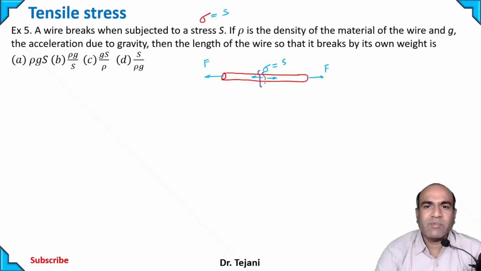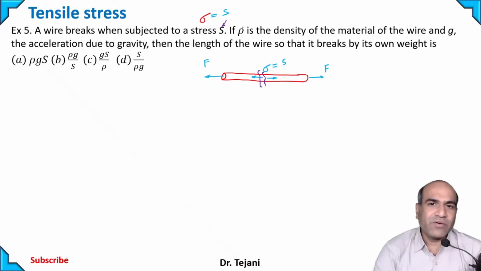So it may break anywhere. And see, the maximum limit of sigma should be considered so that the wire does not break. So the breaking stress of the wire is considered as S. Here sigma and S are considered equal, and it is the maximum level of sigma.